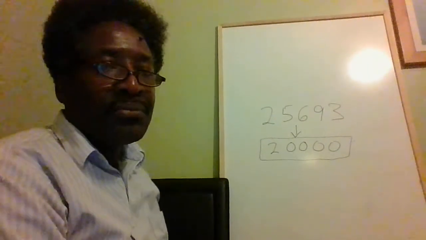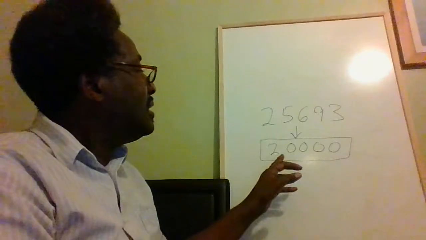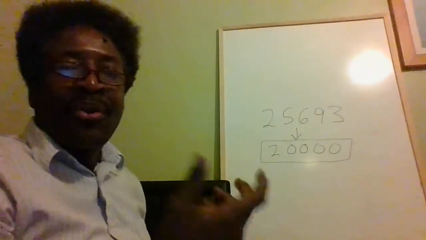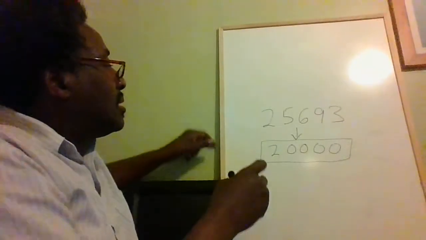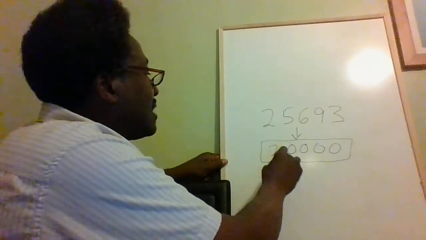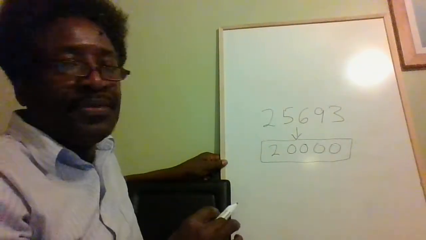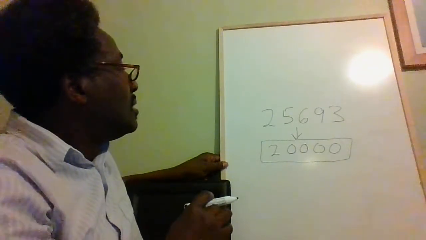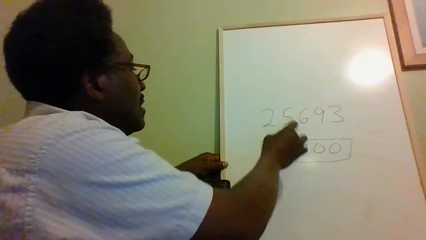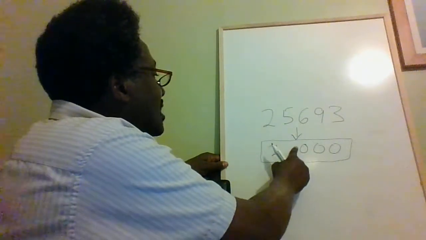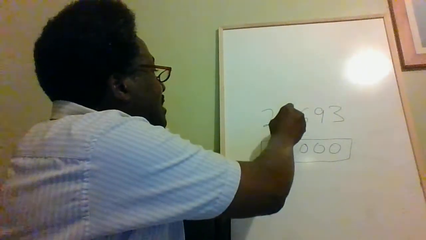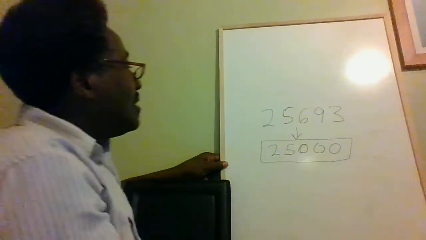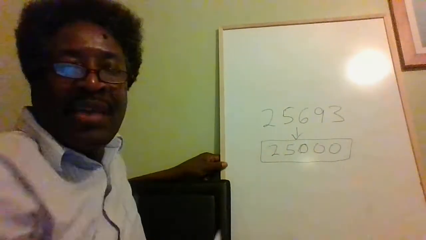Now, this number is 20,000 from previous lessons. But you see, let's make this 5 a 0. Let's keep it as 5. So we now have 25,000.